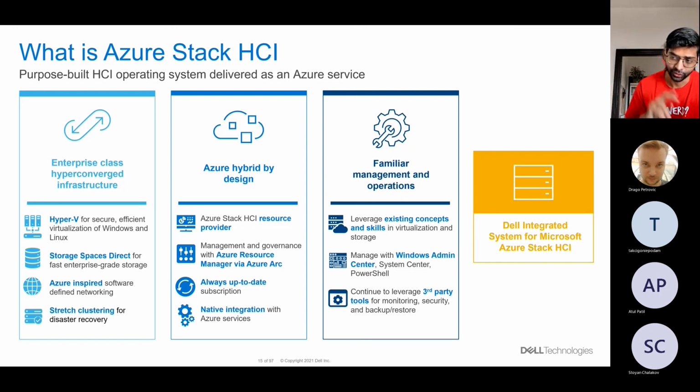So again, like I said, it uses Hyper-V for virtualization, it uses S2D, Storage Spaces Direct, for storage, and it uses SDN for networking. It also has some additional capabilities that Windows Server does not natively have, like stretch clustering for disaster recovery.